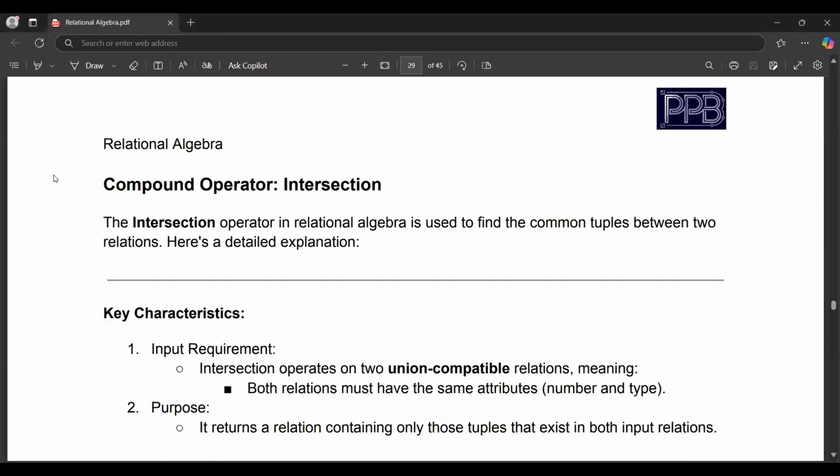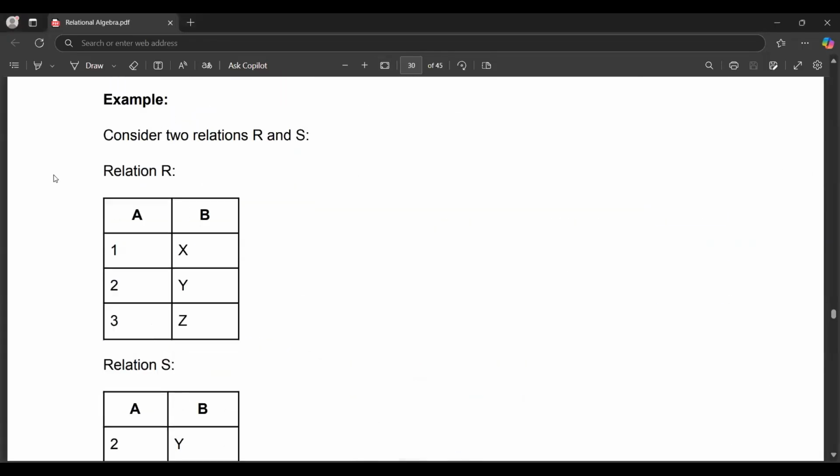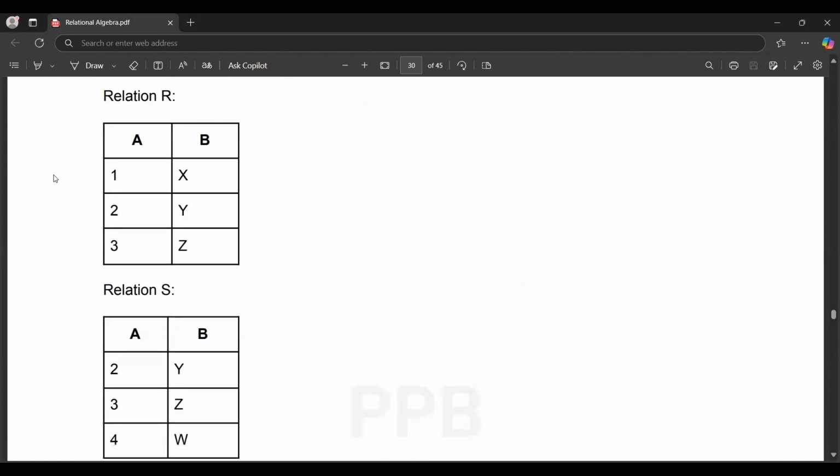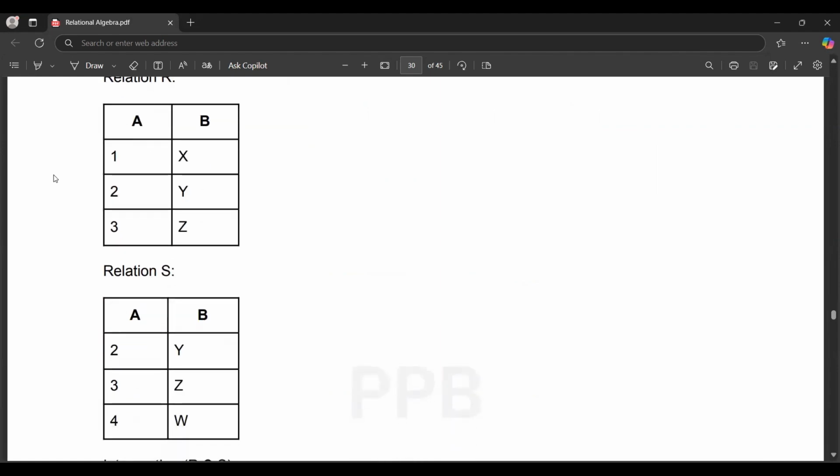What happens here? See, we have A, B attributes in the relation R. And in relation S, also we have attributes A and B, but the tuples are a little bit different. In R, we have 1x, 2y, 3z. And in relation S, we have 2y, 3z, and 4w.